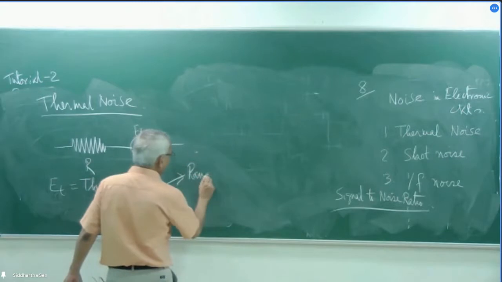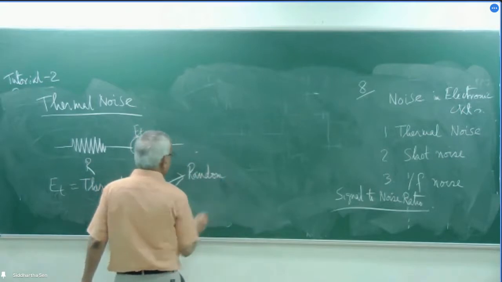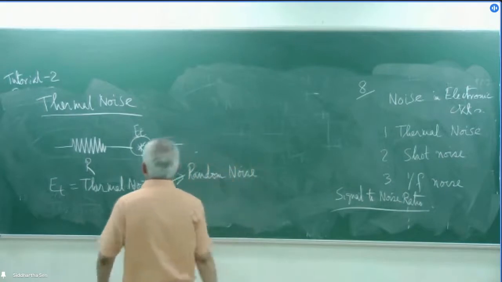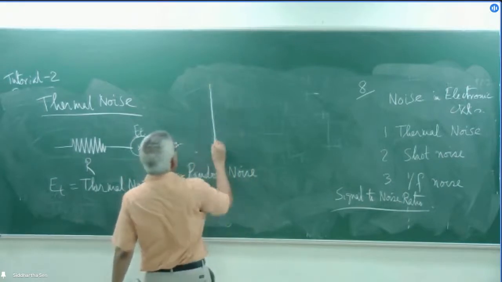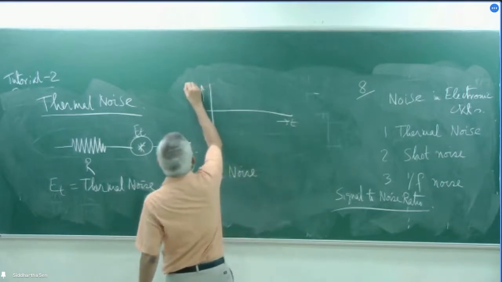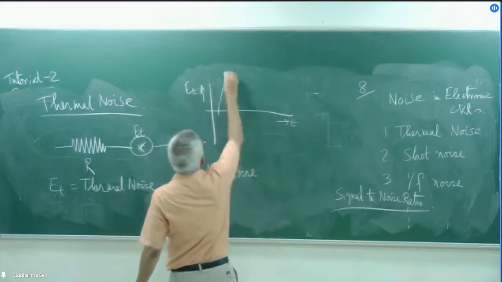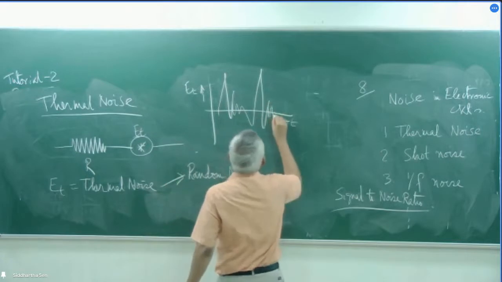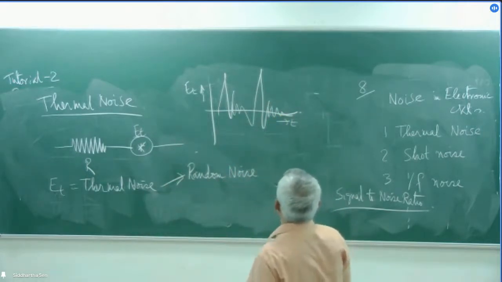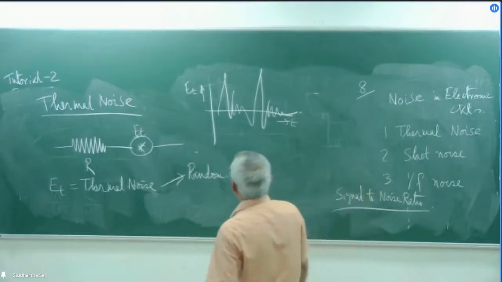It's a random noise. That means it is randomly fluctuating. We may find that ET is something like this. There is no pattern. It is some sort of random noise.